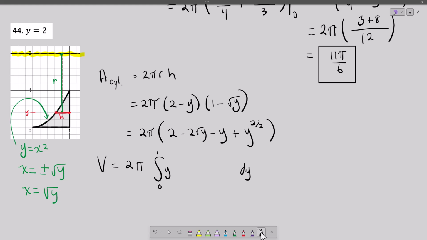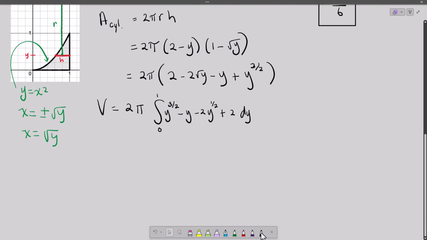And let's write this in descending order. I'm going to write y to the 1/2 instead of square root of y. It's a little easier to do the integration. So we'll do our power rule for integration.